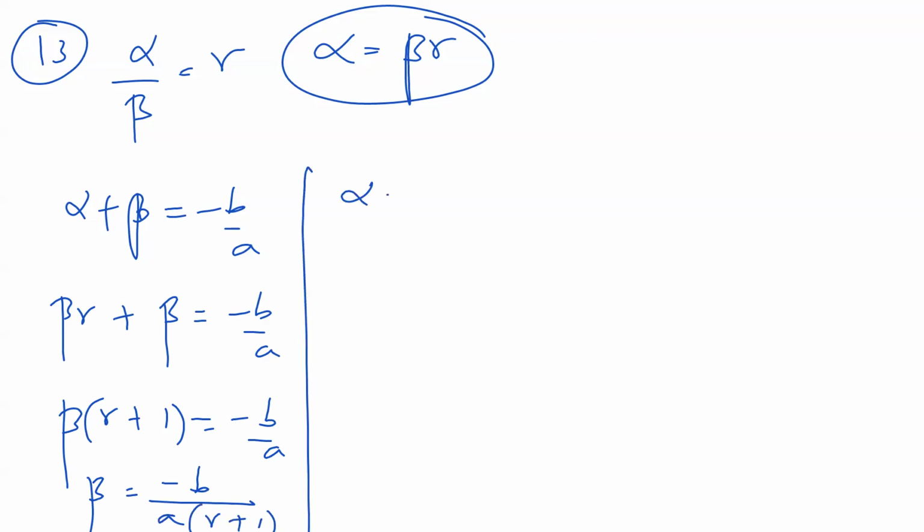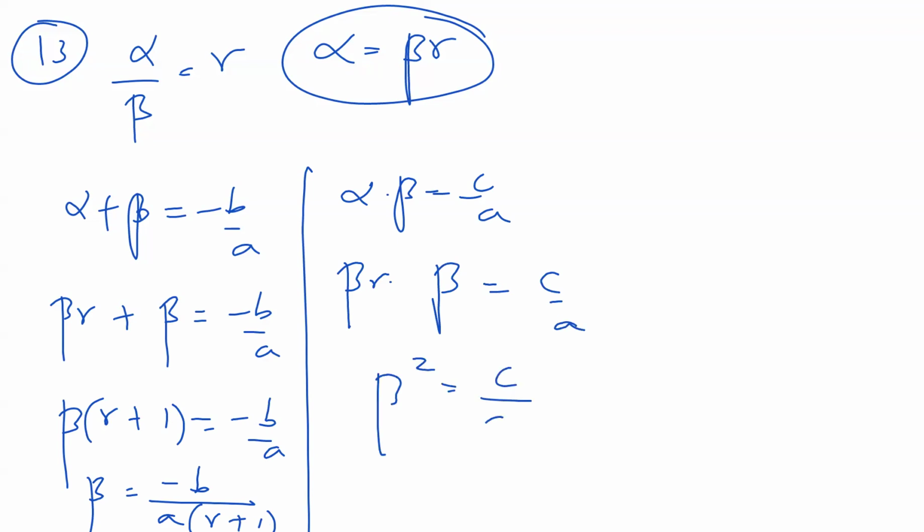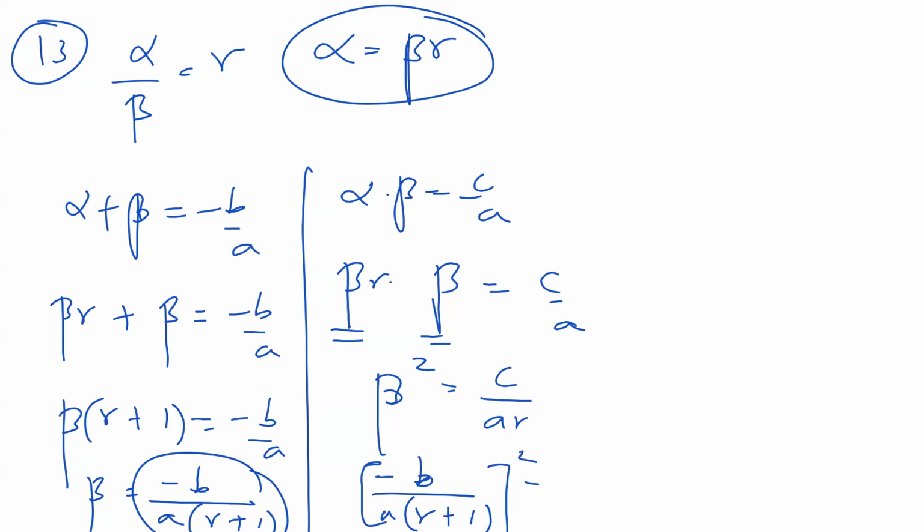Alpha into beta is c by a. Now alpha is beta r, into beta is equal to c by a. So beta square is equal to c by ar. Beta into beta is beta square. Now put the value of beta over here: minus b upon a into r plus 1, the whole square, is equal to c by ar. It's already squared on the left hand side.